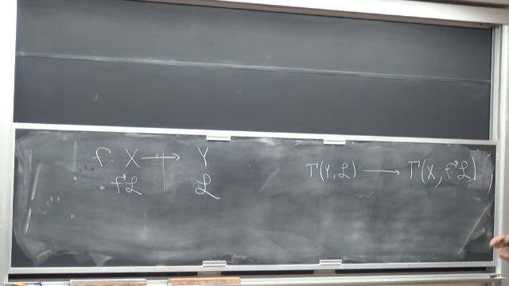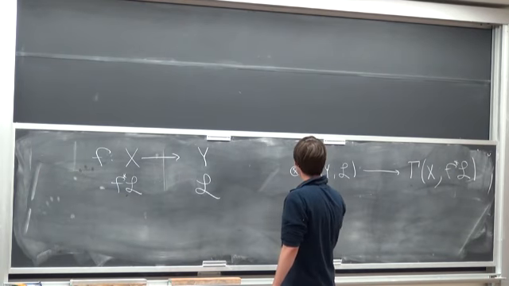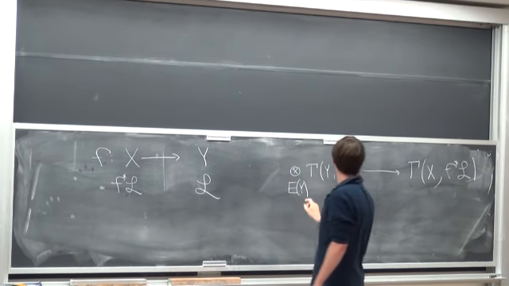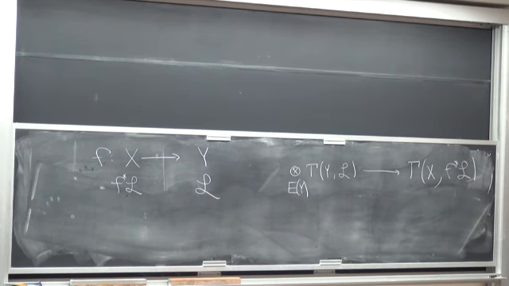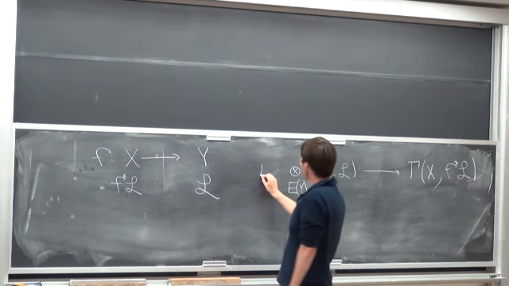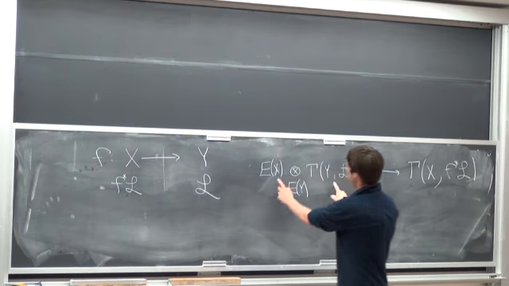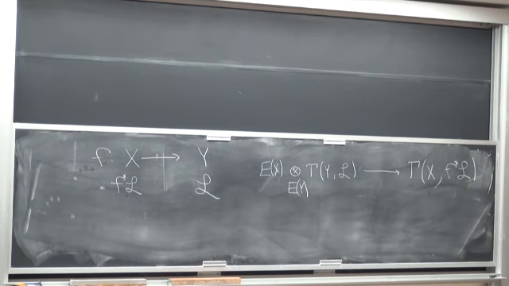But we can say more, because this thing is a module over E of Y, and the target is a module over E of X. So in fact, you get a map from this tensor product into global sections of the pullback of L.